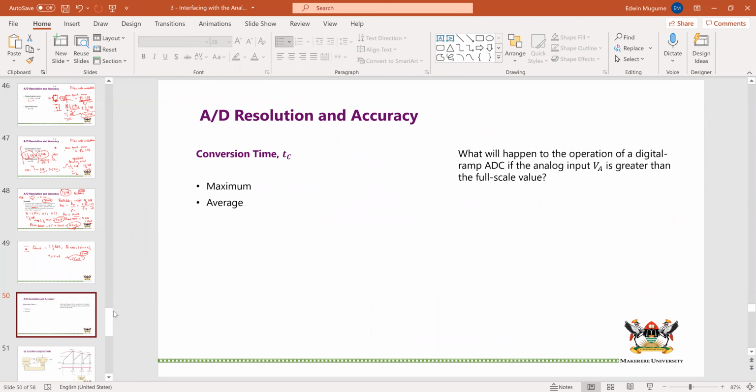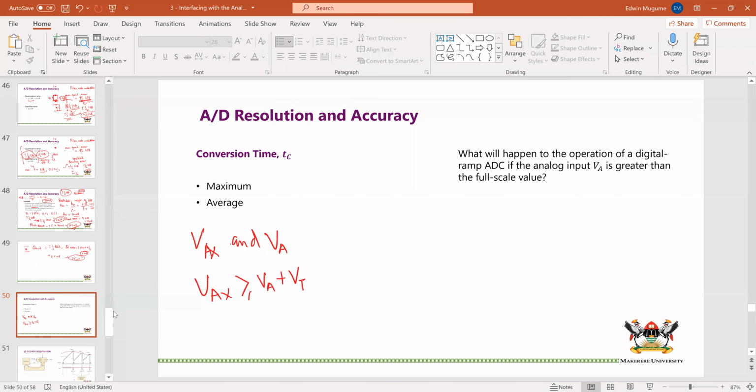Now, how do we know the conversion time? Remember, we are comparing VAX and VA. Now, VAX, for us to end the conversion, should be greater than VA, or maybe greater or equal to VA plus a certain VT. So first of all, let us look at this question.